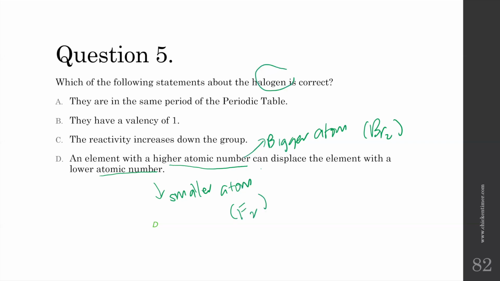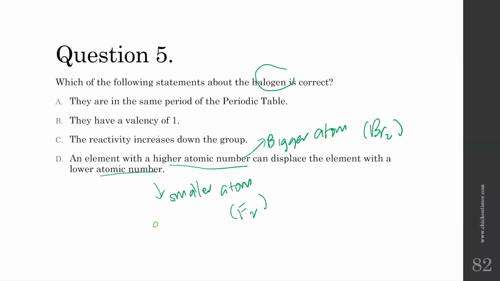Okay, so now we reread again. An element such as bromine can displace the element which is smaller, which is fluorine. Will this statement still be correct?